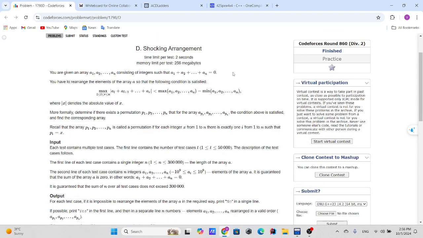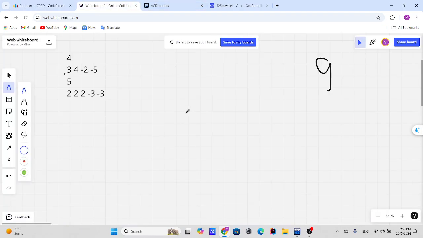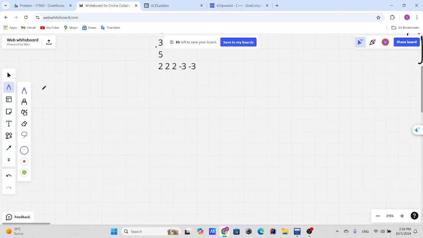Okay, so first and foremost, it means that this array is divided into two parts. The first part is the elements which are less than 0, and the other is the elements that are larger than 0, and then you should have two equal amounts.